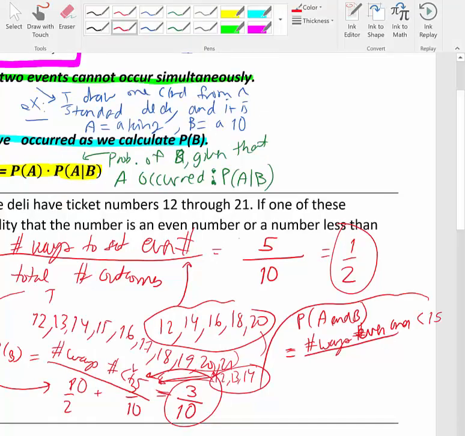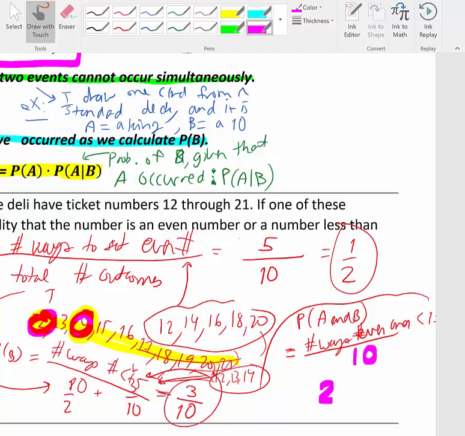Let me look at the numbers; we actually have them listed here. How many of those are even and less than 15? Well, the only ones are 12 and 14. So there are only 2, and it's still out of the total, so I'm not even going to write that. 2 out of 10, or 1/5.